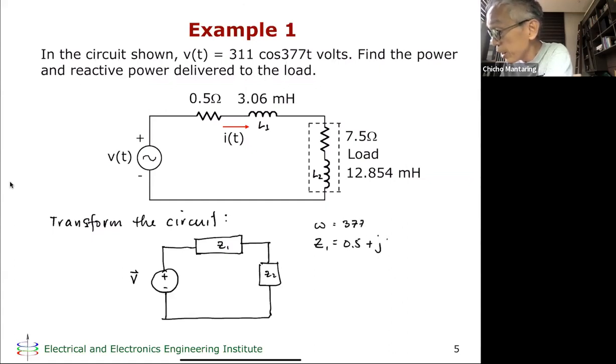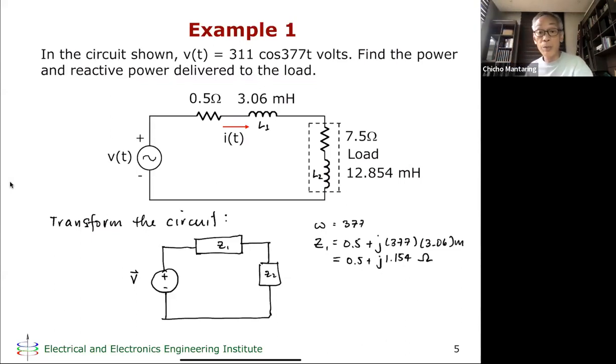So this is j 377 multiplied by 3.06 milli. If you compute for that, this is going to be 0.5 plus j1.154 ohms.